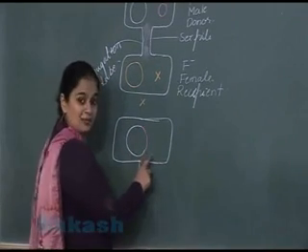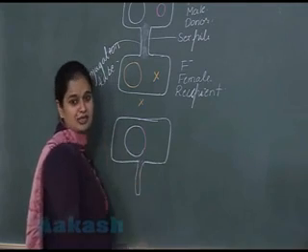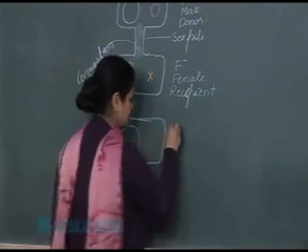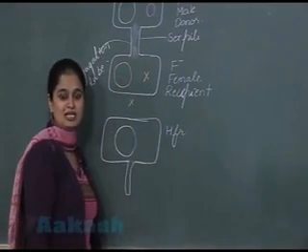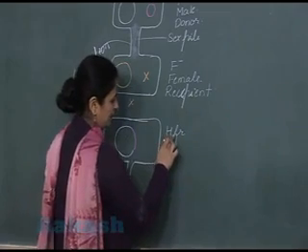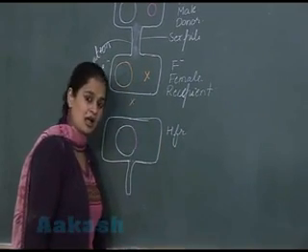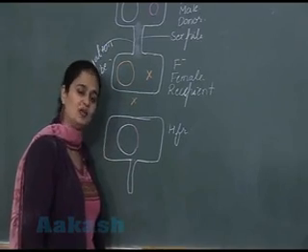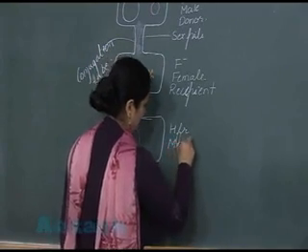Now this type of cell where the F plasmid is present in integrated condition is known as an HFR cell. HFR, please write the full form: high frequency recombinant cell.